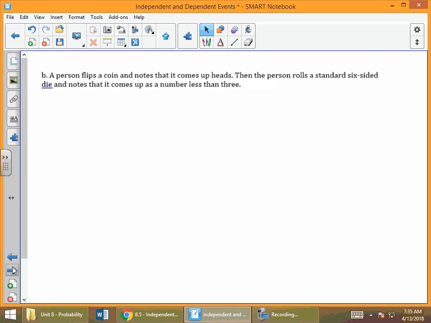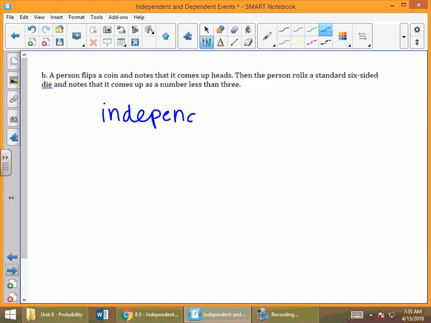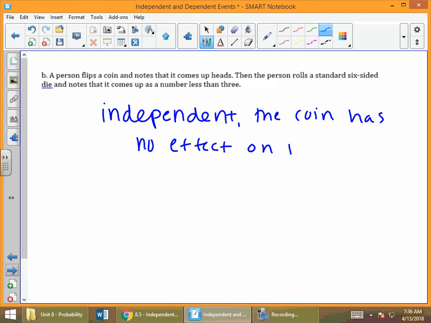So because they're two completely unrelated things, we would say that these events are independent because there's no effect. Okay? You would say the coin has no effect on the die.